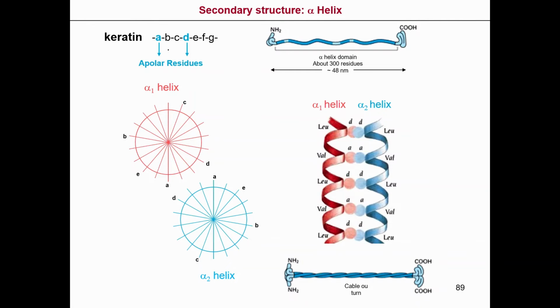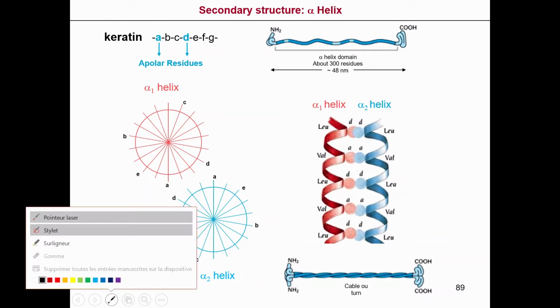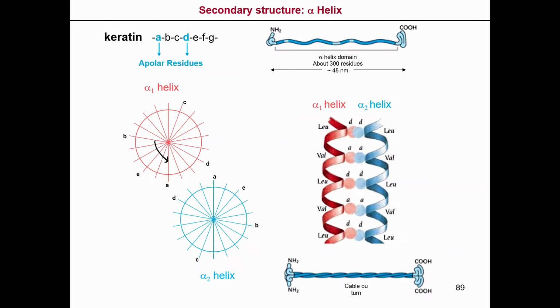Okay, indeed, in keratin you have this sequence with A and D, which are apolar residues. And I told you, if the first amino acid is A, the B will be at 100 degrees. Yeah, the angle between A and B is 100 degrees. It's the top view. After that, between B and C, you will also have 100 degrees, and between C and D, 100 degrees.